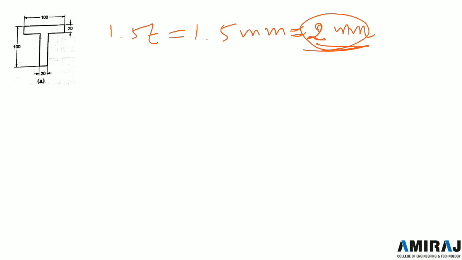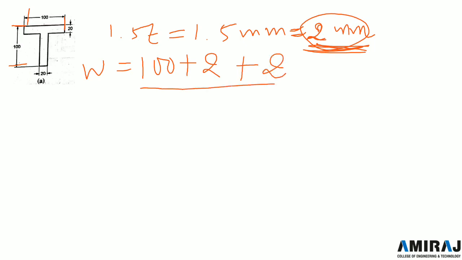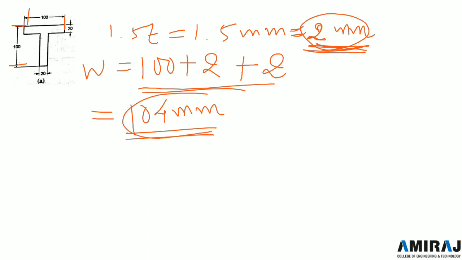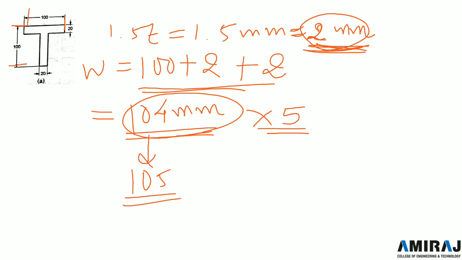Then we have to find the strip width required. This is 100, so 100 plus 2 plus 2, front scrap and back scrap both added, so total it will be 104 mm, and the available width is in multiples of 5. So if we take 105, it will be a multiple of 5, so it is 105 mm.